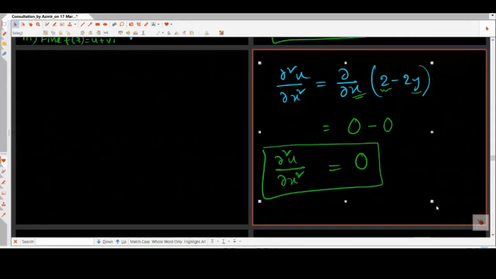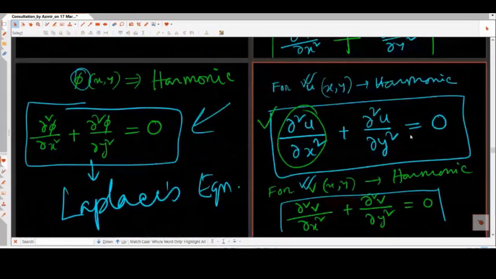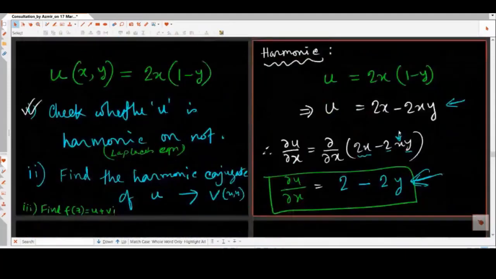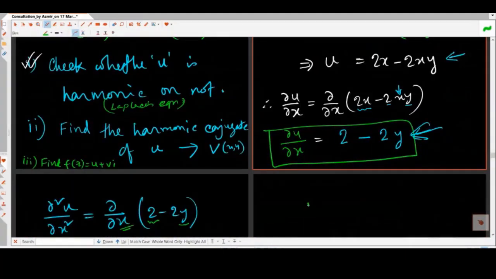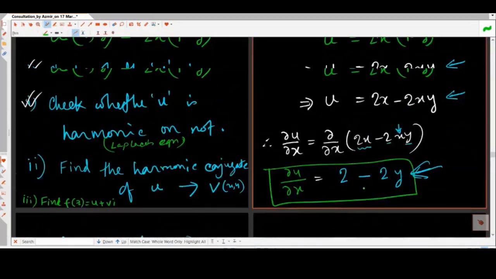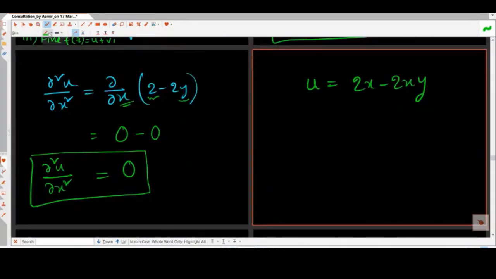So similarly, we have to find this part. That means first we need to find du dy. So here we have u equals 2x negative 2xy. So let us find du dy.